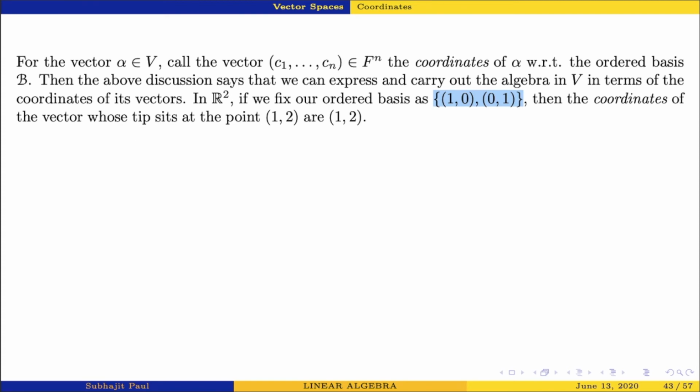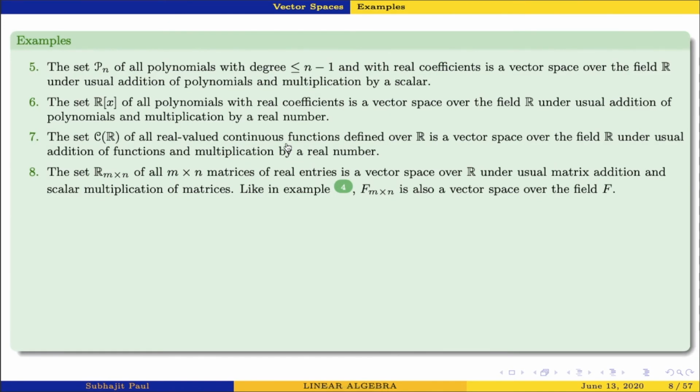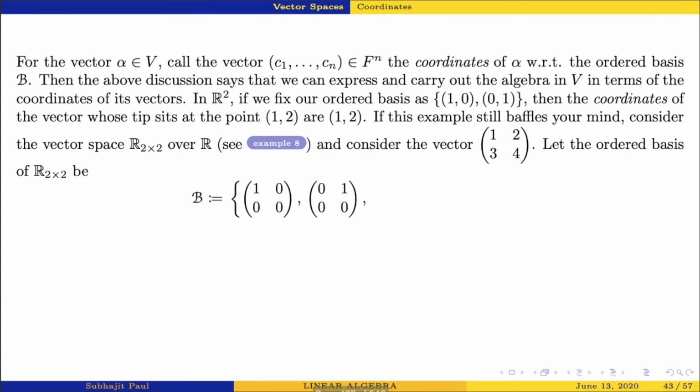Fine. If this example still baffles your mind, consider the vector space R2 cross 2 over R, the set of all matrices. We also introduced this one in the examples of vector spaces in the first lecture. So consider the matrix (1 2; 3 4). Let us choose the ordered basis B of R2 cross 2 to be (1 0; 0 0), (0 1; 0 0), (0 0; 1 0) and (0 0; 0 1).